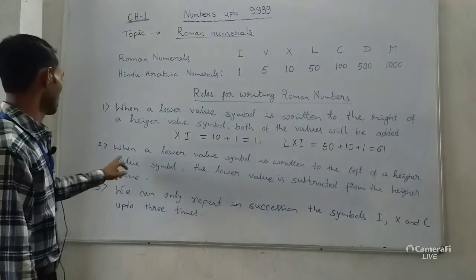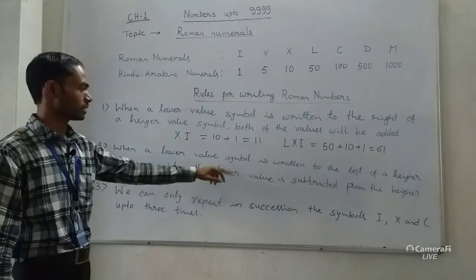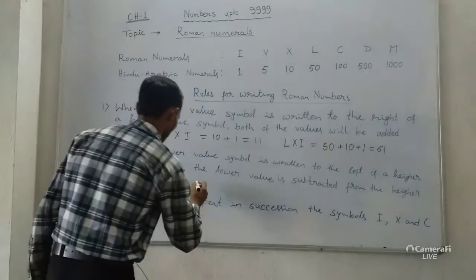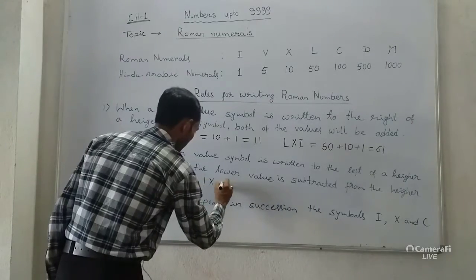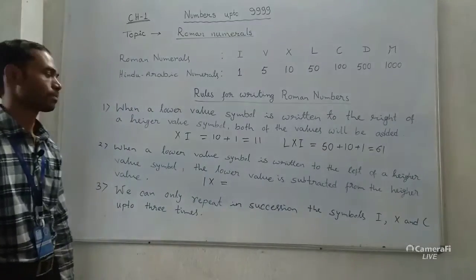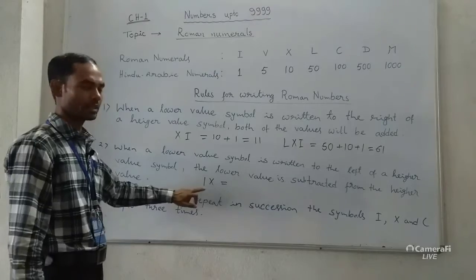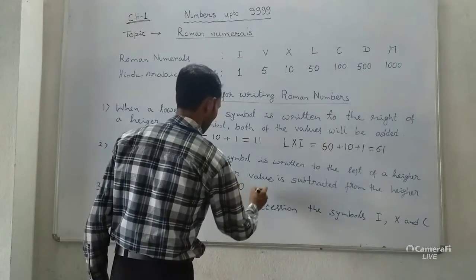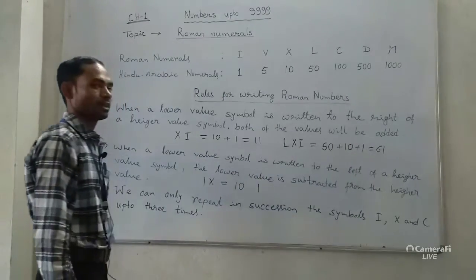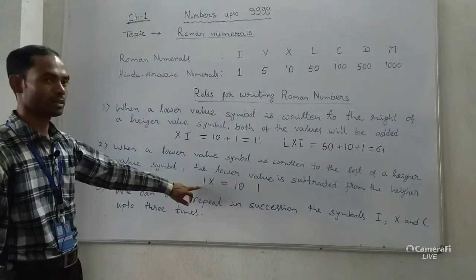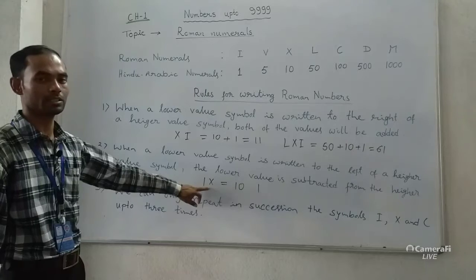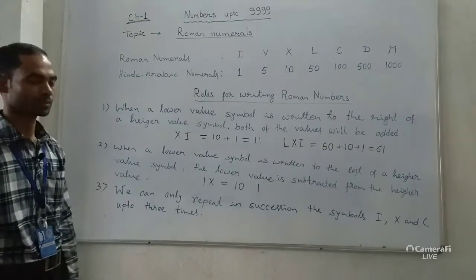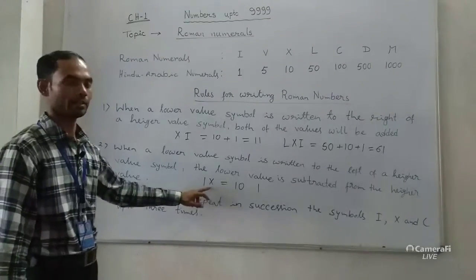Now rule number 2: when a lower value symbol is written to the left side of a higher value symbol, for example IX. So I means 1, X means 10. The value of I, 1, is less than 10 and it lies on the left side of X, the left side of 10.